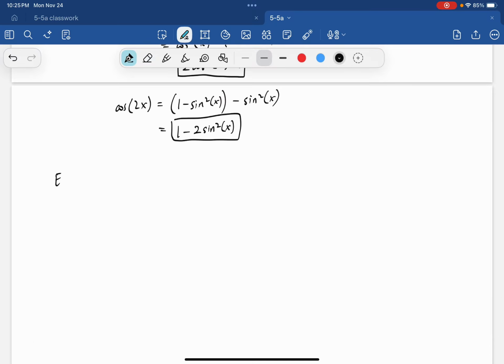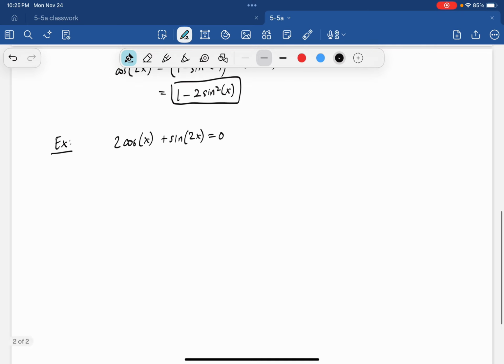So the first example that the textbook has for us is having us solve this equation. So we have 2 cosine x plus sine 2x equals 0. Okay? And so we see we have a sine 2x here, and so that probably means we should use the sine double angle formula that we just learned.